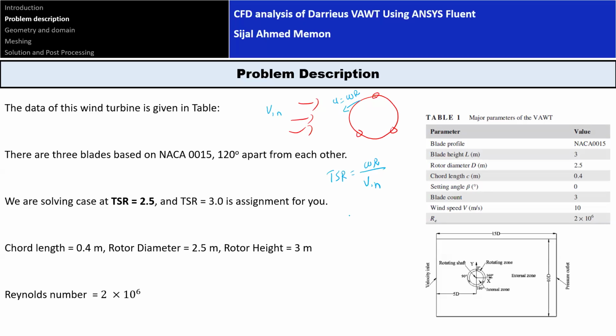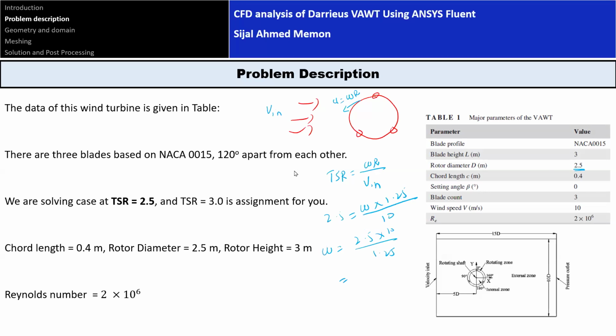So now I'm taking TSR equal to 2.5, and omega we don't know. R is half of the diameter, which is 2.5, so half will be 1.25, and V in is 10 meters per second. So omega is equal to 2.5 into 10 divided by 1.25.